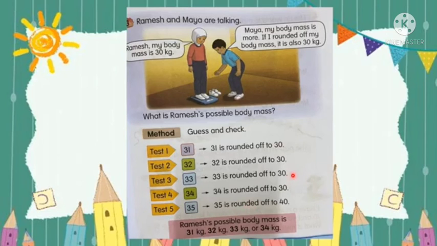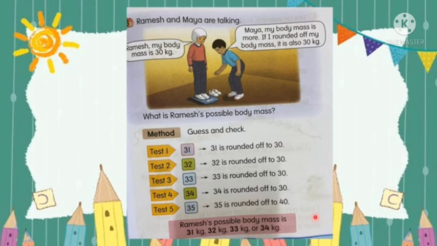So, see, 31, 32, 33, and 34. When rounded off, you get 30. So Ramesh's possible body mass is 31 kilo, 32 kilo, 33 kilo, or 34 kilogram.